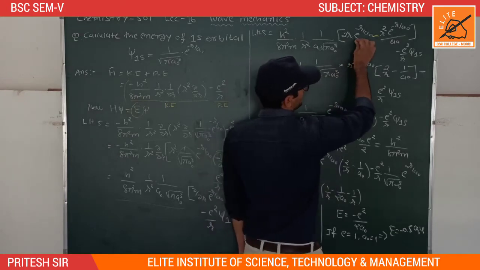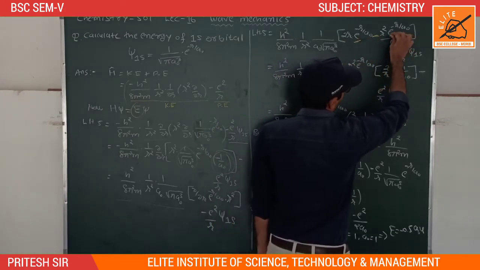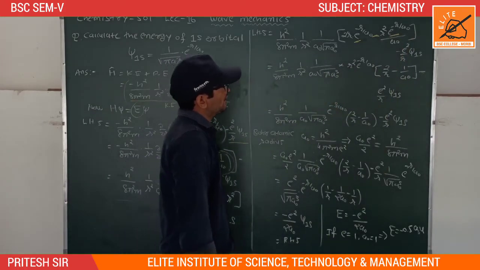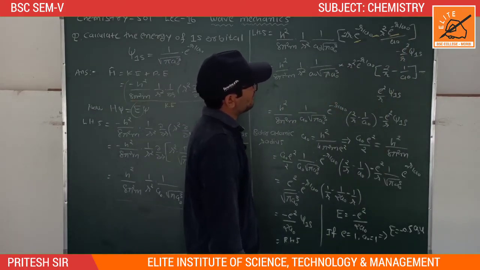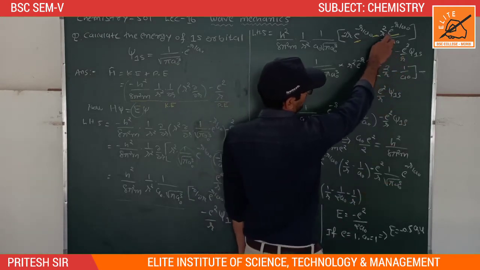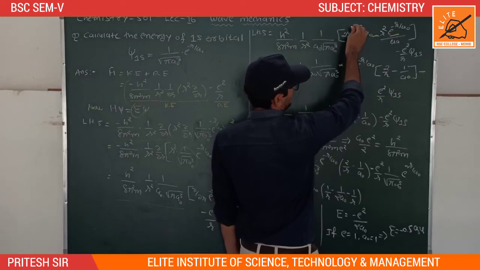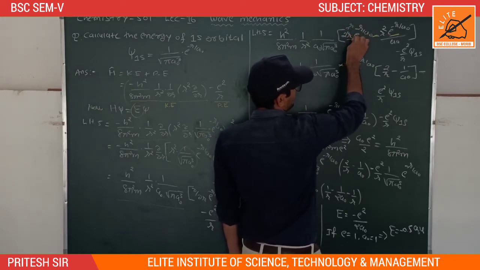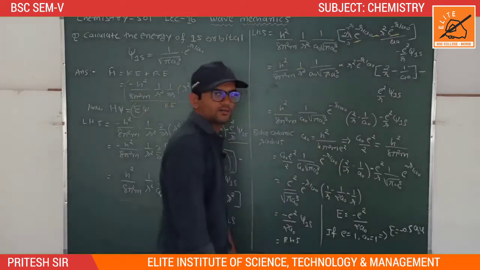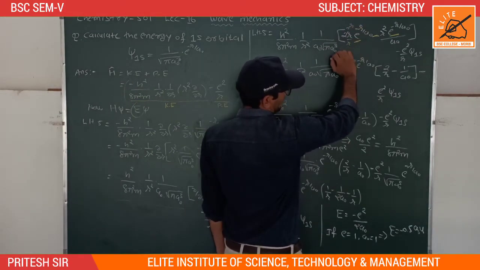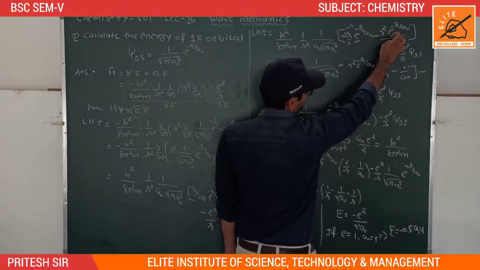Okay, so now I common out two terms in this bracket. First one is minus e to the power minus r upon a0 common out, as well as I common out r square. At that time there is no r square here, so I multiply this equation with r and also divide by r. Okay, so 2r square upon r, so I common out r square into e to the power minus r upon a0 in this term.